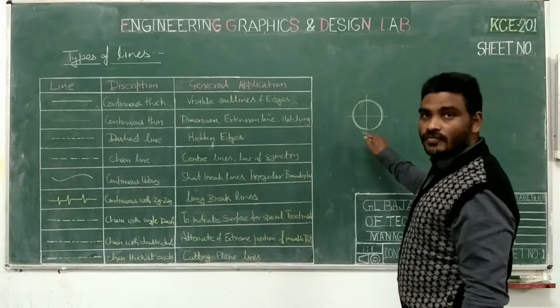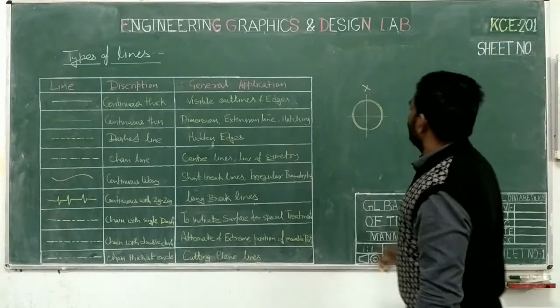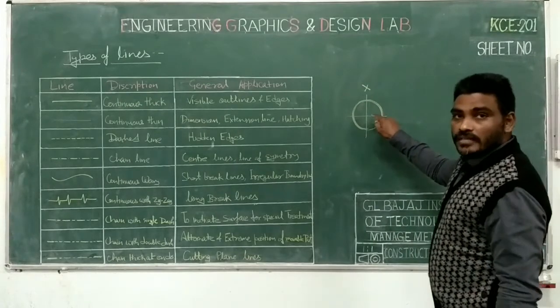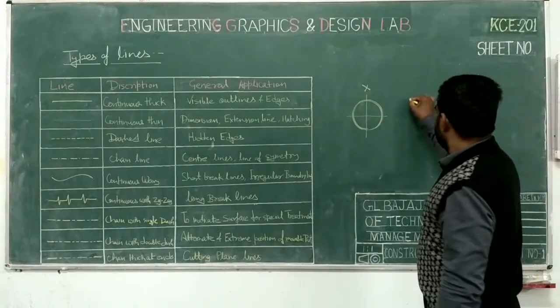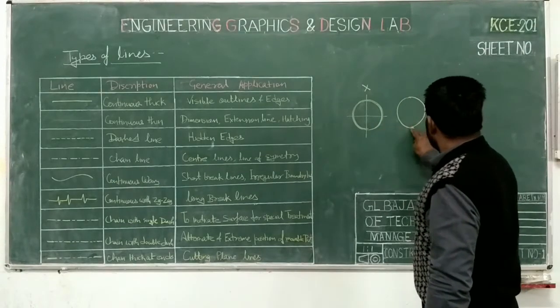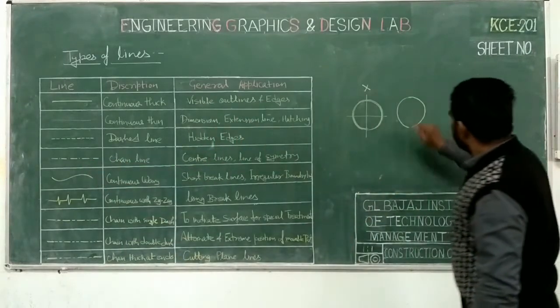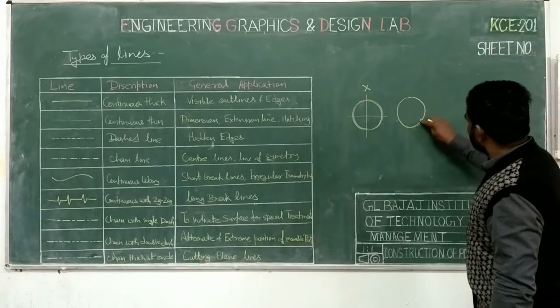But in engineering drawing, this way will be wrong. To indicate the center, we must use this type of line, like this. So we will indicate the center of this circle like this.